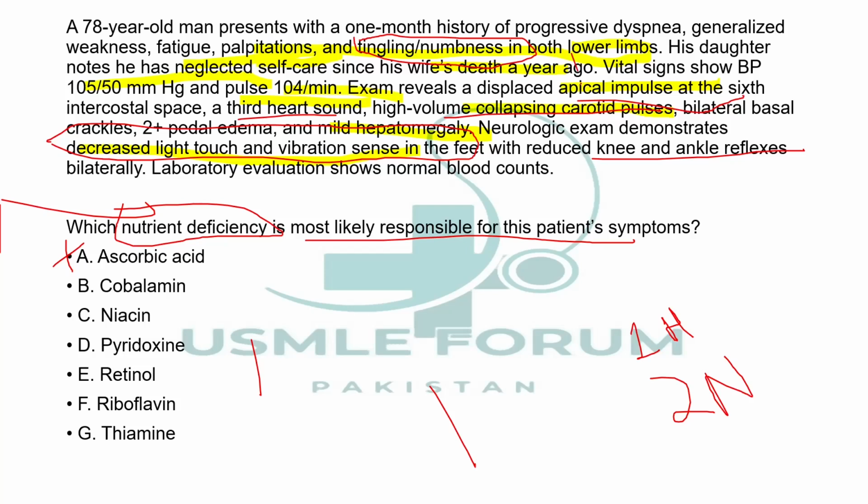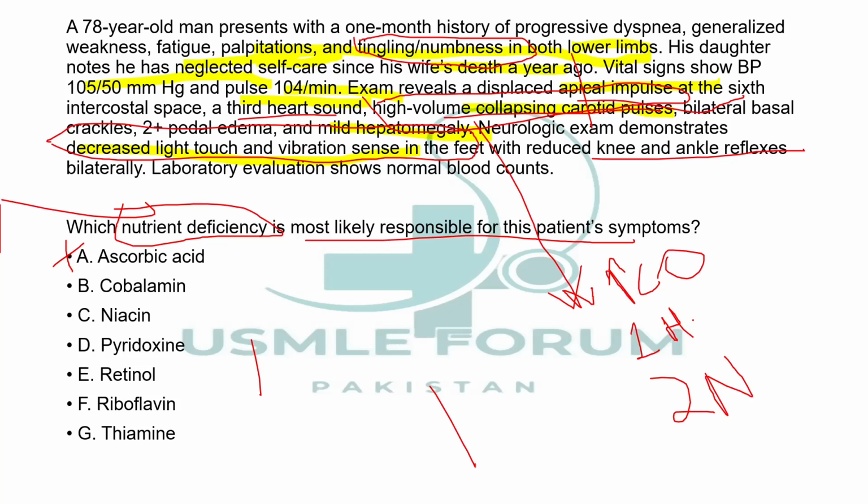That is why you have to remember this phrase: this is pathognomonic for increased cardiac output. So in the heart aspect of things, he is having increased cardiac output.